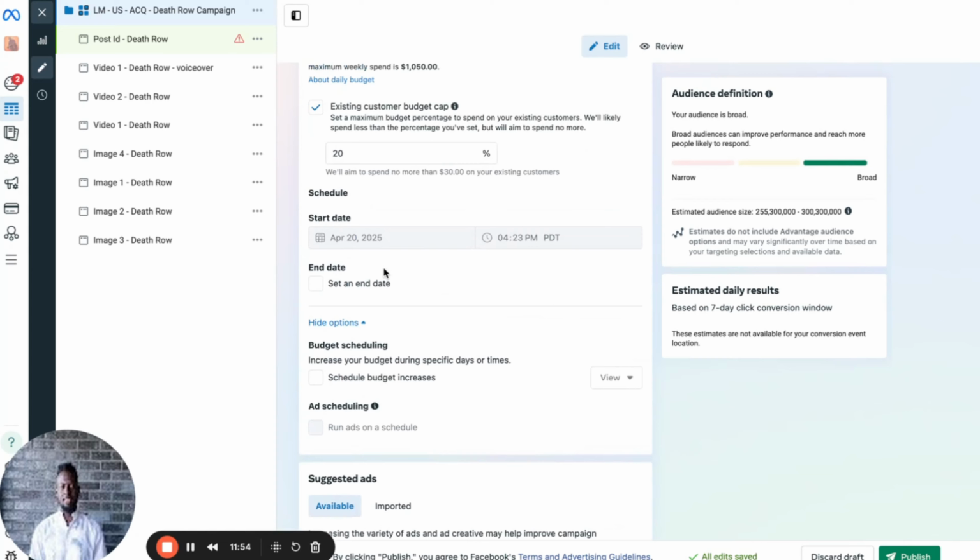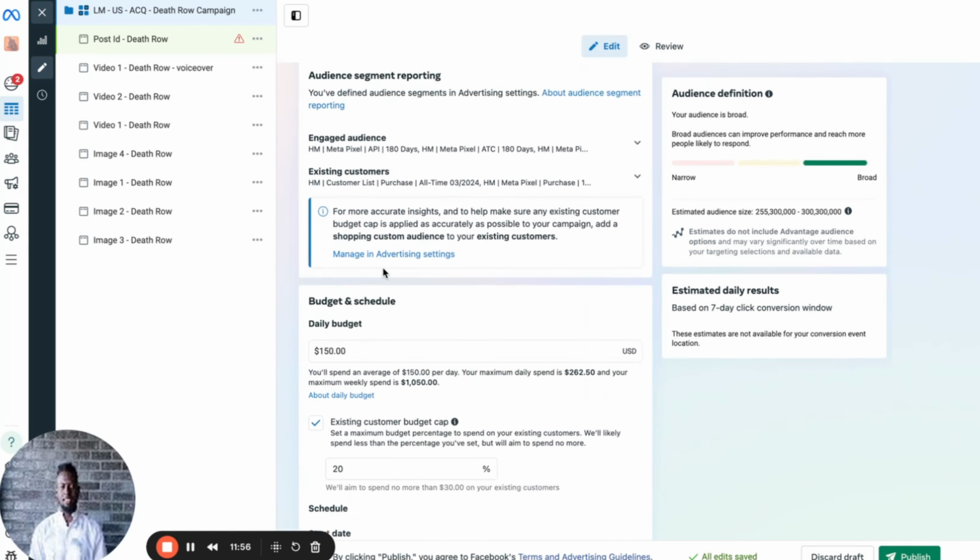That was the setup. With ASC, you can't do any form of interest targeting, so everything was broad. Meta is typically very good at finding, depending on how good your creative is, the specific customer that's going to purchase the product. That's the setup for ASC, and that's what generated the $12,000 in revenue for this campaign.